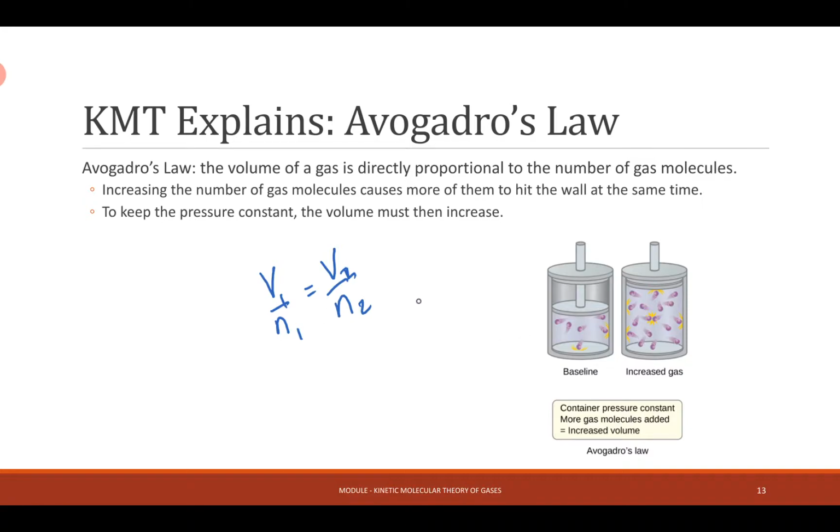And so to maintain that constant pressure, if we are increasing the number of collisions, we have to increase the area in which those are occurring so that it spreads them out more, and therefore our pressure is maintained. So we're spreading out the collisions so that they aren't happening as close together, and that way we can keep pressure constant.